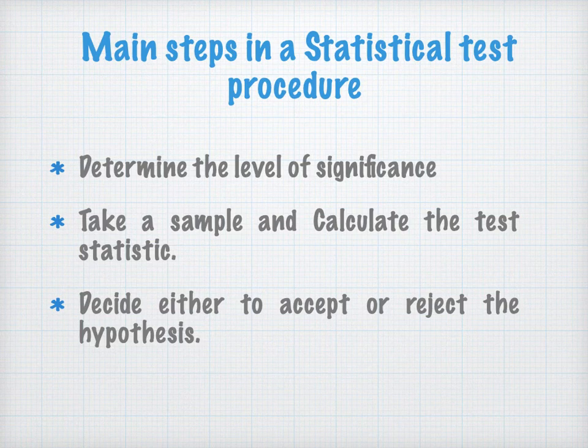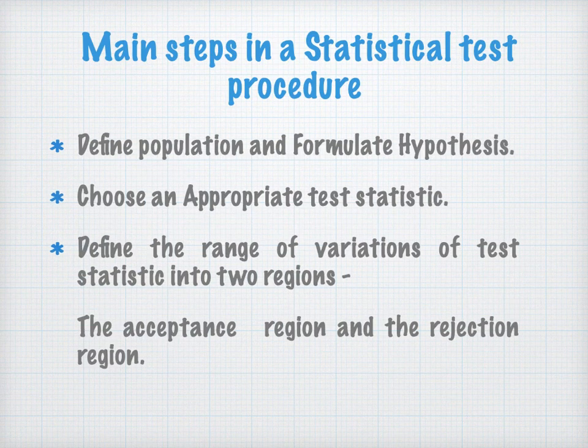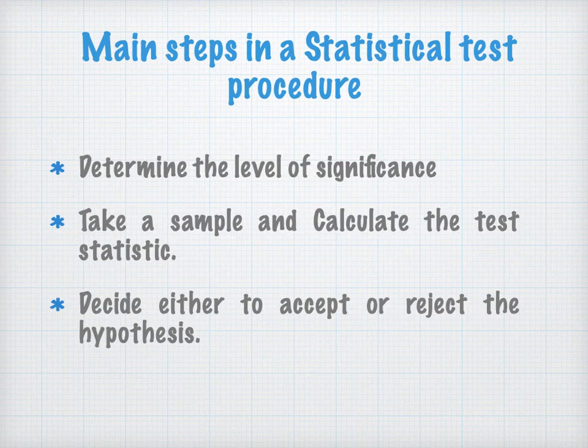Next, we have already defined the population, we have defined the hypothesis, and we had an idea about the statistic. We have divided the total range of variations into the acceptance region and rejection region, and we have fixed the level of significance.